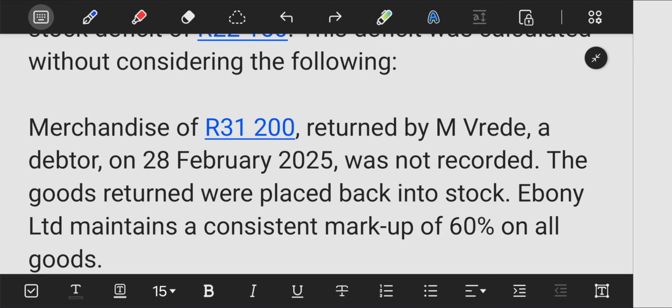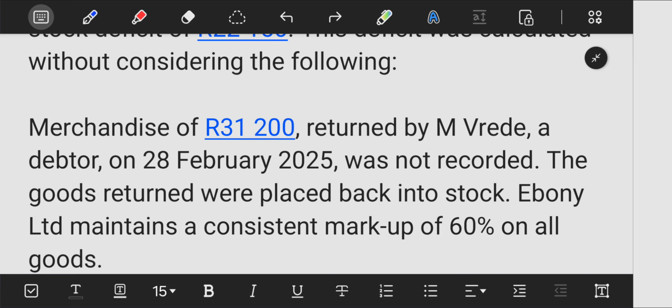What is trading stock deficit? Trading stock deficit is when the stock take, according to the physical count, is different from the books. Stock take is to count the stock physically. You go and count the stock: 1, 2, 3, 4, 5, 6, 7, 8, 9, 10. I have 10 loaves of bread. 1, 2, 3, 4, 5. That is stock take.